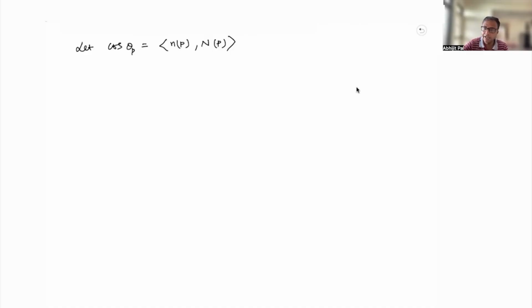So theta is the angle between the normal vector to the curve and the normal to the surface.